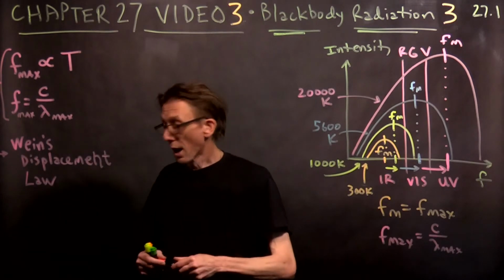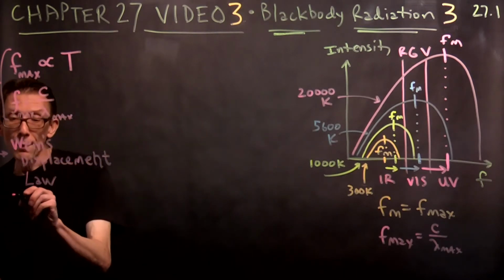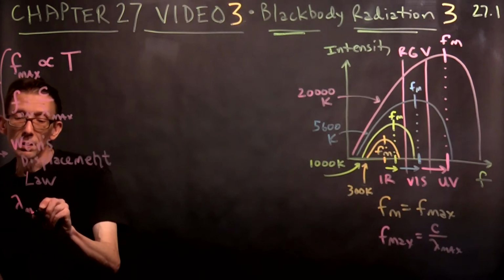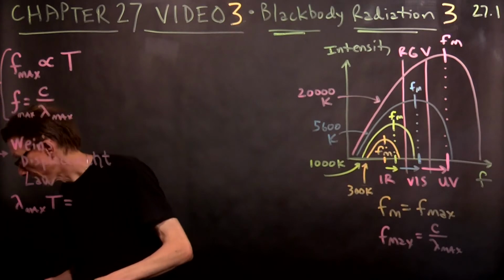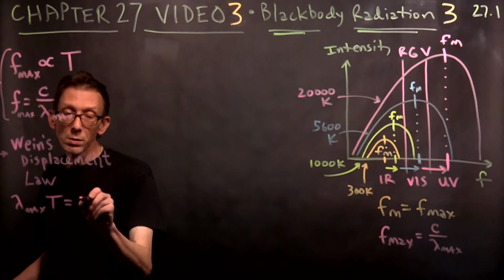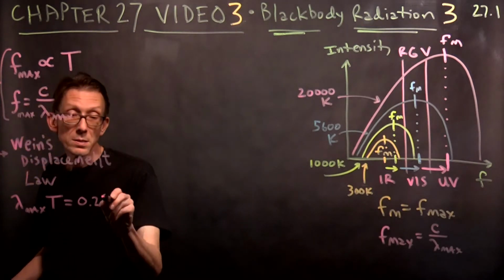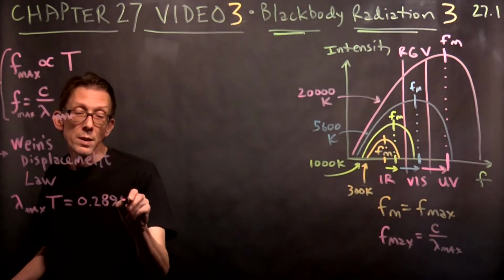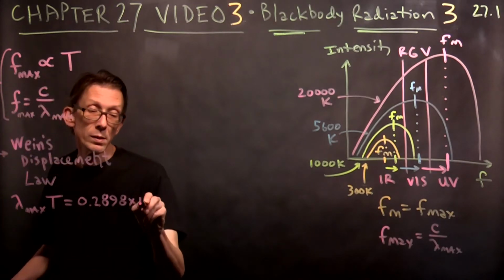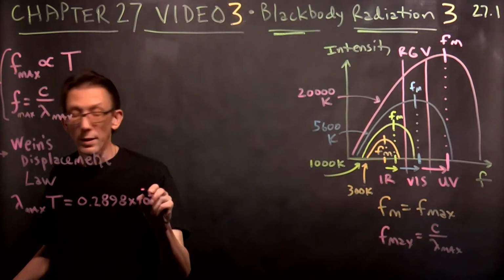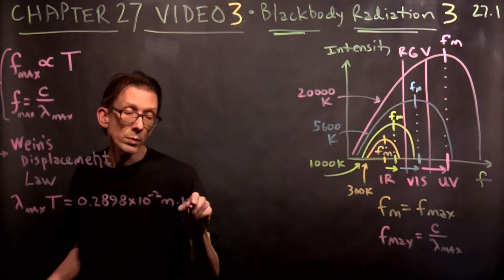That displacement law is given by this formula right here: lambda max times T is equal to a constant, 0.2898 times 10 to the negative 2 meters times kelvins.